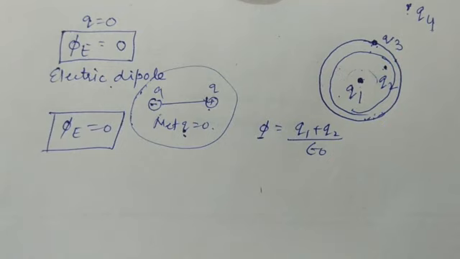Now, what is the use of Gauss theorem? How do we apply it in various areas? So the first application of Gauss law is that we can get an expression of electric field of a long straight wire which is charged and of infinite length.